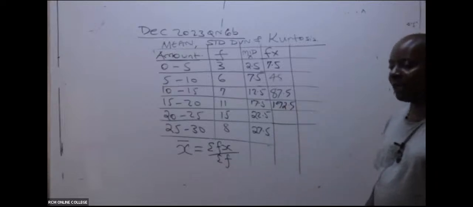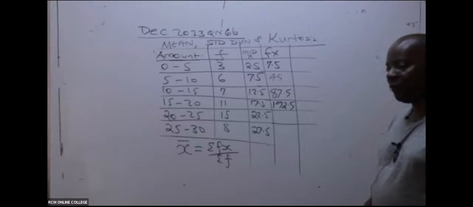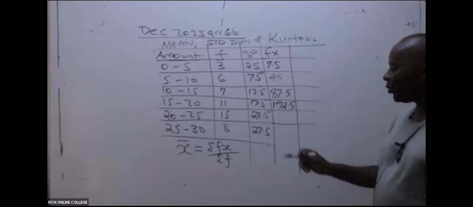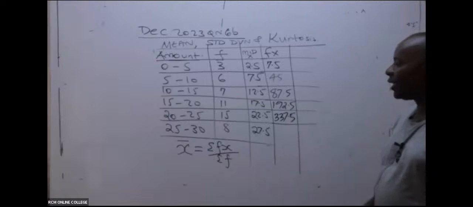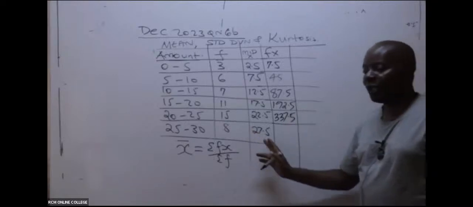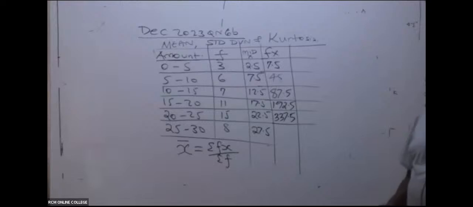Then we have 15 times 22.5, which is 337.5. Then lastly, we have 8 times 27.5. What do we have here?